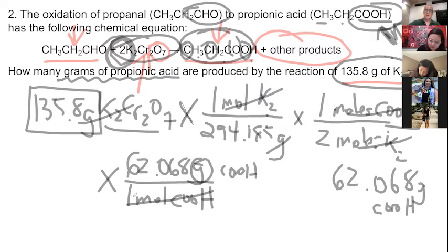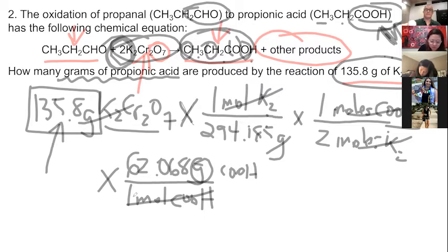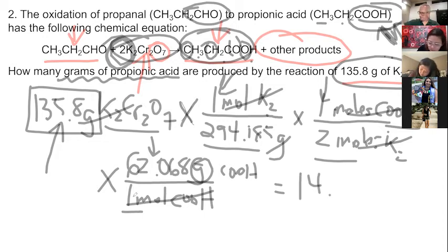So now all I have to do is multiply everything on the top, my 135 and my 1 and my 1 and my 62.068, and then I divide it by 2.94 and 2 and 1. And my final answer comes out to 14.326 grams of propionic acid.